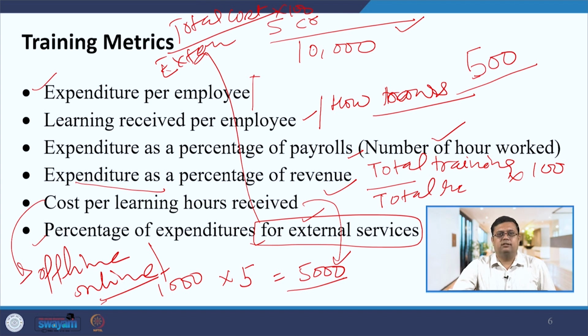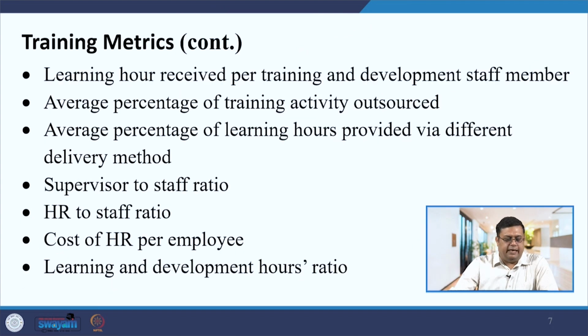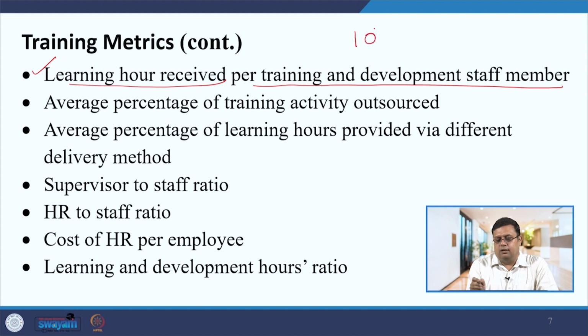In addition to this metric, we will learn a few more metrics. The next metric that you can learn about is the learning hours received per training and development staff member. For example, in your organization 10 staff are working, and you can see the total number of hours for which these employees are trained in your organization.